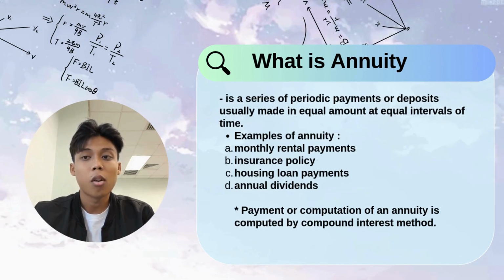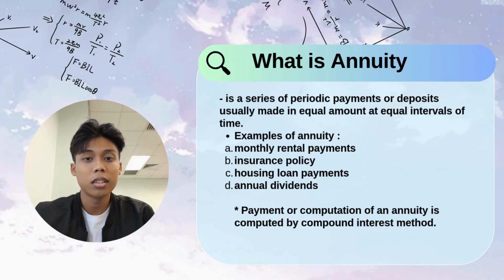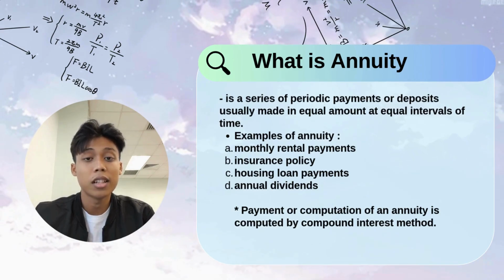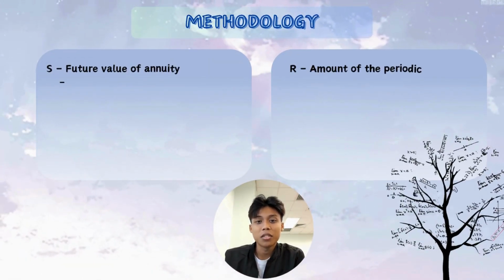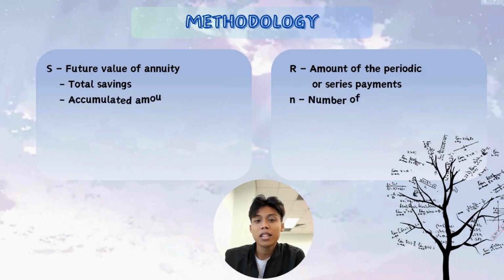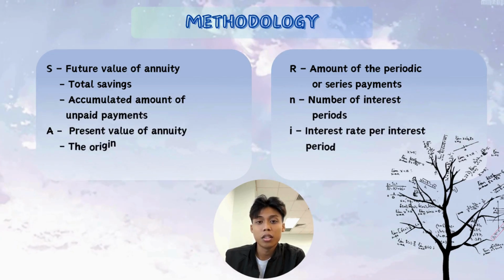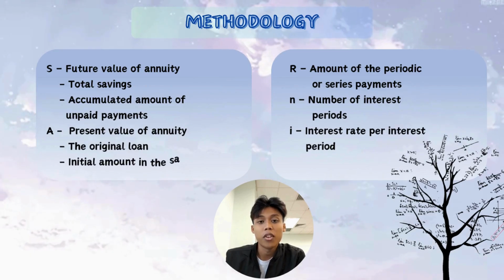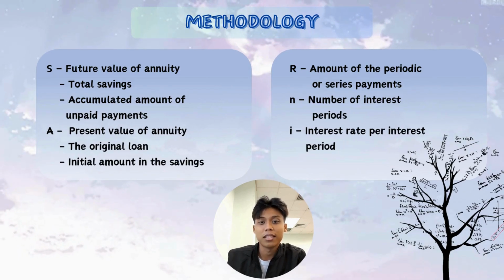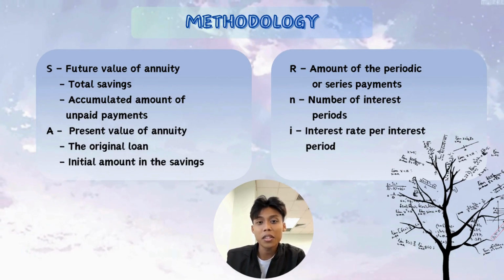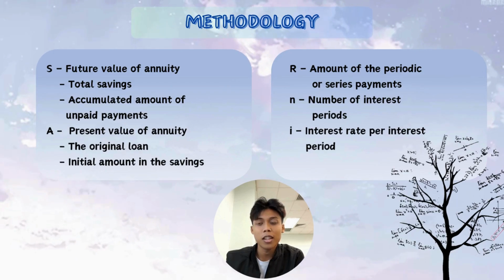The computation of an annuity is typically done using the compound interest method, which ensures that each payment is adjusted for the interest earned over time. Now I will explain the methodology used in this chapter, which is the key variables involved in annuity calculation. S is the future value of the annuity, which is the total savings or accumulated amount of unpaid payments, and A is the present value of the annuity, which is the original loan amount or an initial amount in the savings.